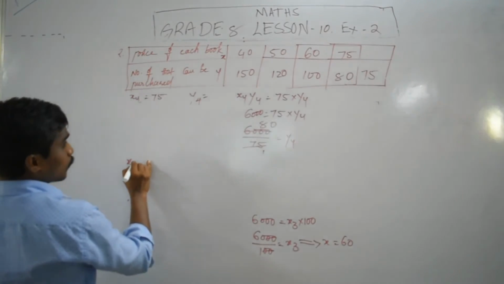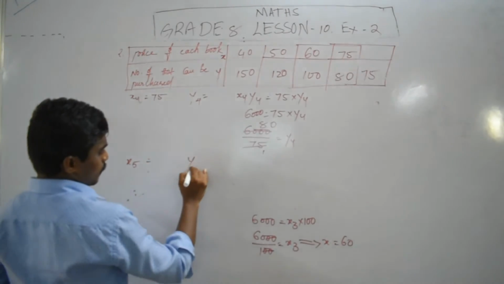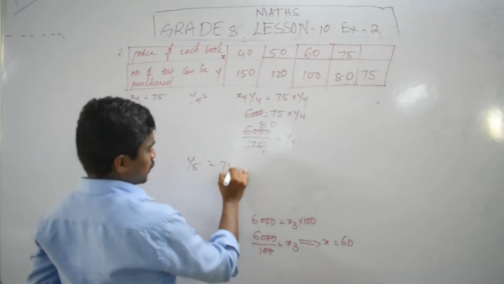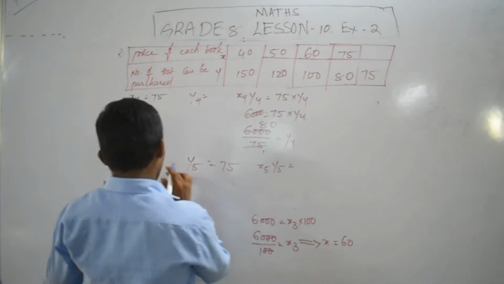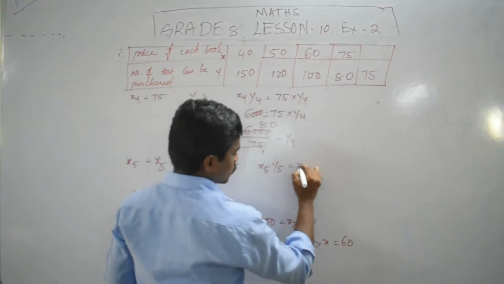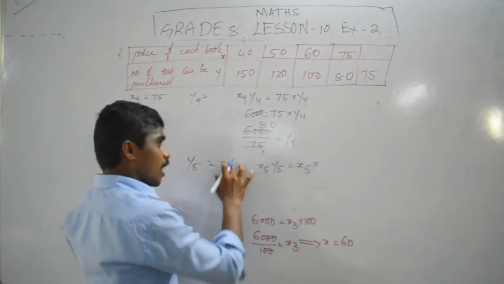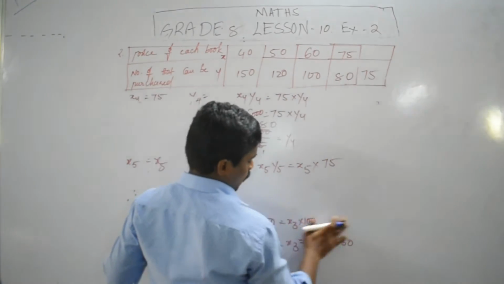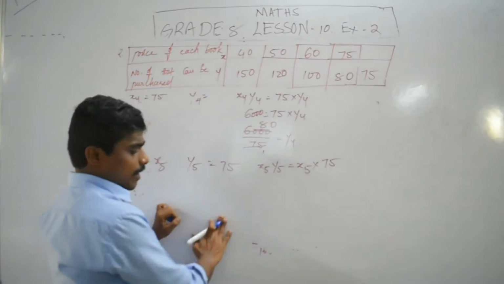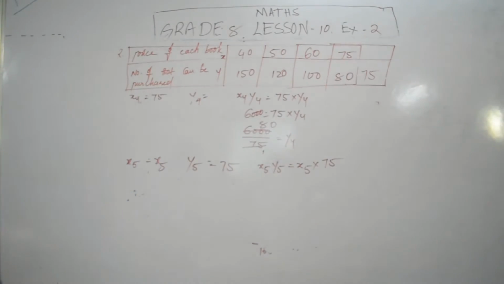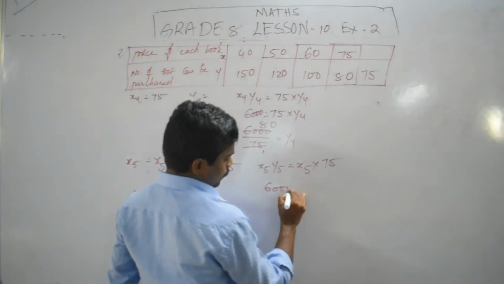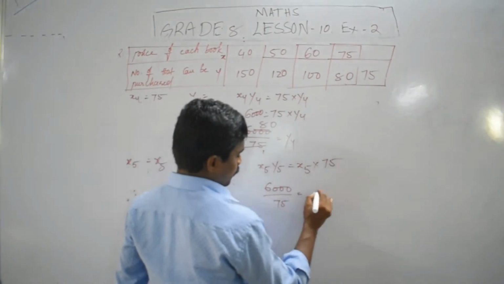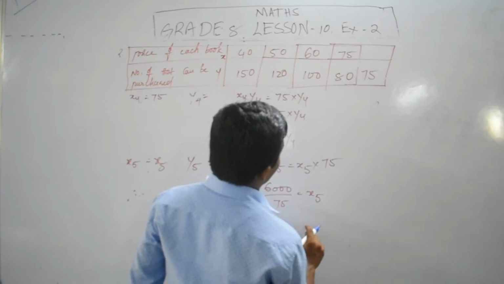Here x5 we don't know. y5 75. x5 y5 equal to, x5 we don't know. So x5 cross out. y5 how much they are given? 75. So these 75 moving this side. So how much? 6000 by 75 equal to x5.